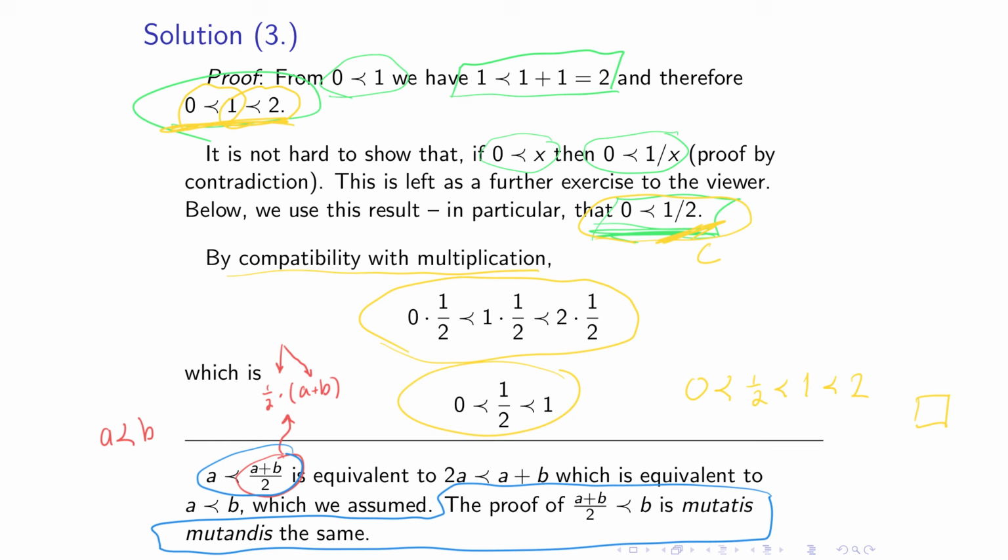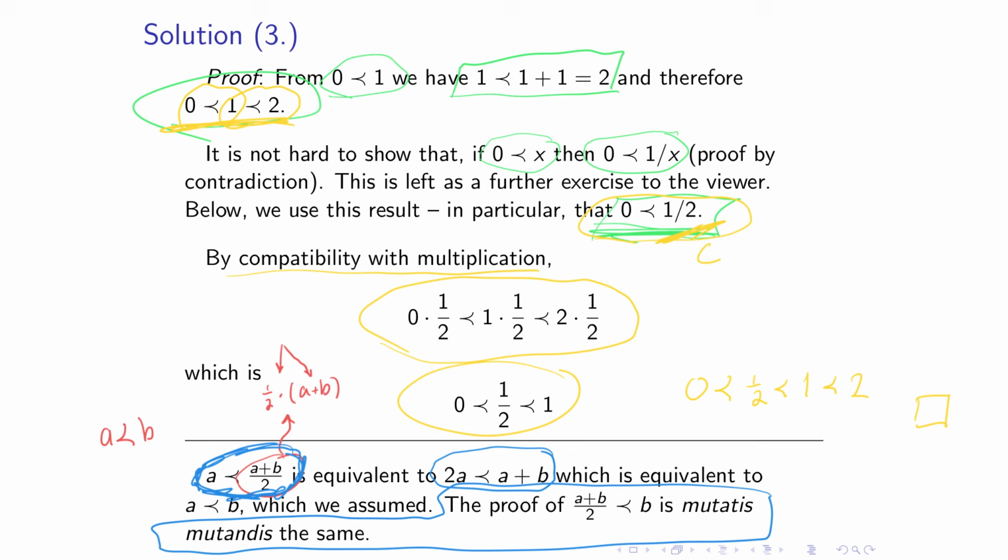But anyway, to prove this direction, to show that A strictly precedes the average, well, this inequality is exactly equivalent, and you can easily prove that it holds if and only if you multiply the 2 to the other side, effectively, which is valid because we know that 2 is strictly positive.